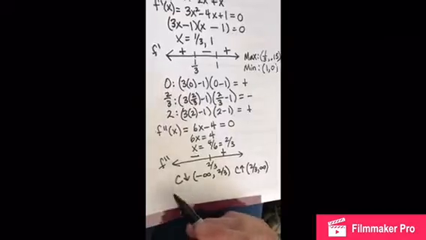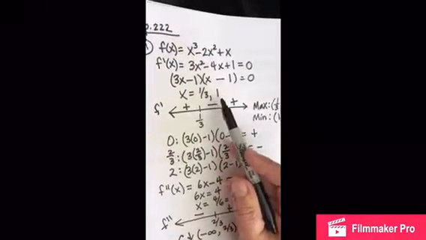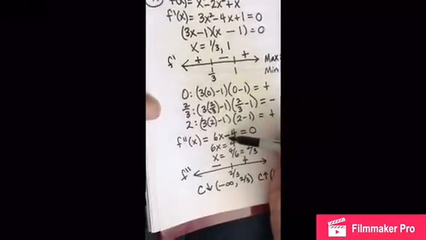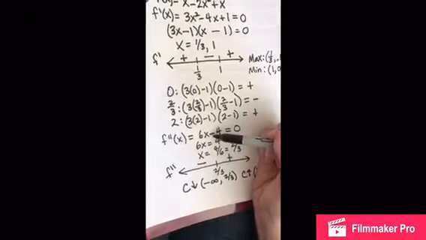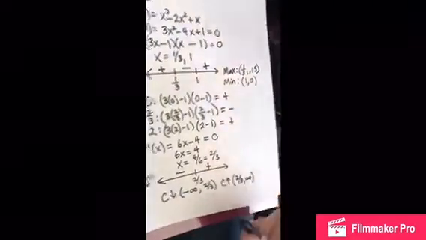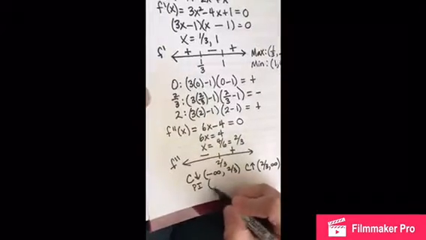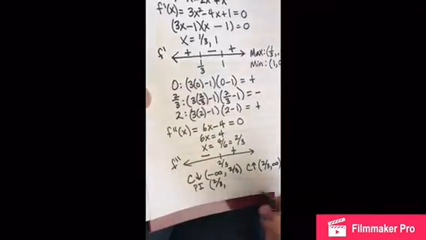Now if we take the critical numbers that we had from the first derivative and we put them into the second derivative, then that will also tell us something about the maximum and minimum. But we already found those with the first derivative, so we'll go ahead and then write down the point of inflection, which is 2/3.